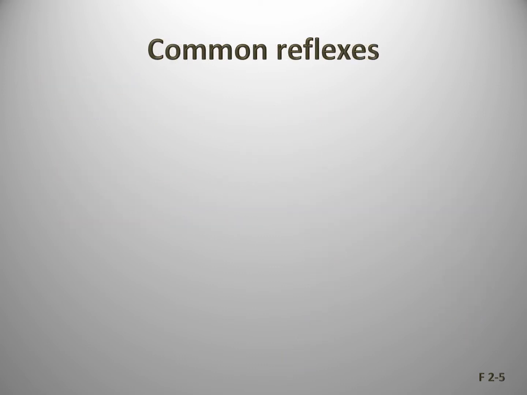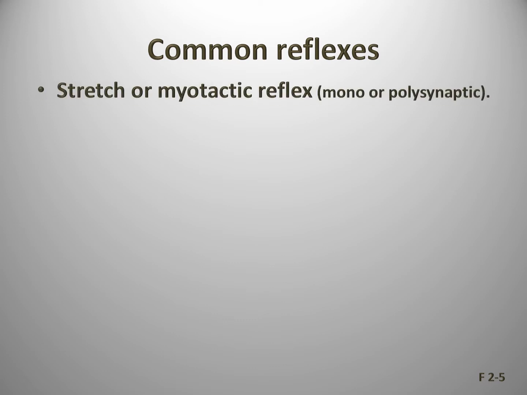There are several reflexes which are very common. Some of them are executed multiple times per second, while others are used less often. The stretch or myotatic reflex can be executed as a monosynaptic or polysynaptic event. Its function is to prevent overstretching of a given muscle, and it is an integral mechanism that permits animals to stand without falling sideways.